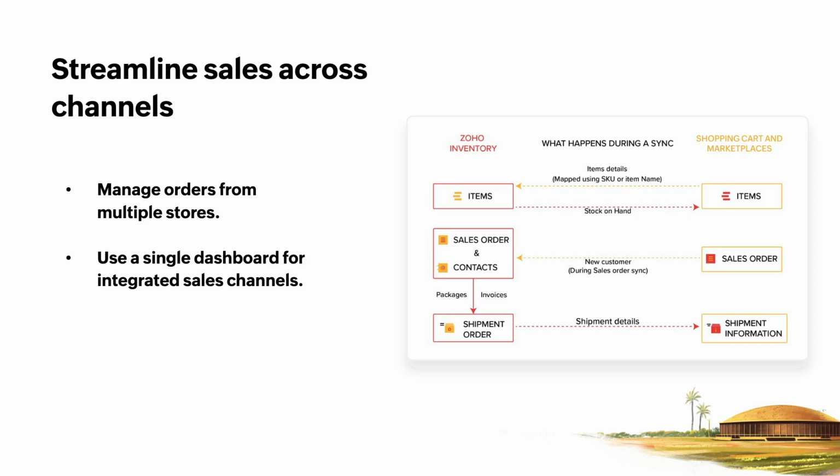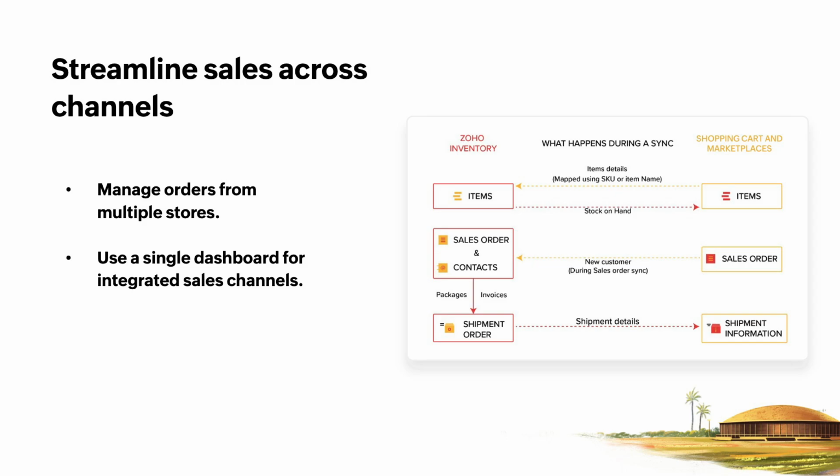Let's assume I walk into your store and make a purchase, and this is going to result in a reduction of stock level, which needs to be instantly reflected on all the integrated channels that you have, that is Shopify or Zoho Commerce or Amazon. So this is exactly where we come into the picture. Whenever there is a change in stock levels in Zoho, it will instantly be reflected across all the integrated channels that we have, thereby preventing you from overselling items.